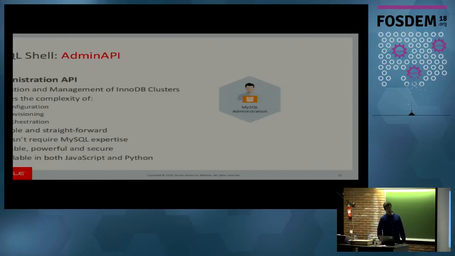The goal was always to be very usable, and usability is always a top concern. So it doesn't require MySQL expertise, but at the same time, it's flexible and powerful. You can go from basic commands and operations to more complex ones. It's available currently in both JavaScript and Python in the shell, and we'll see in the future.